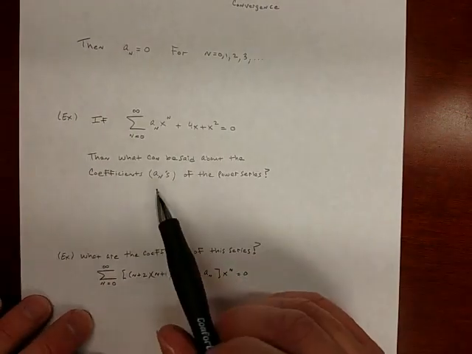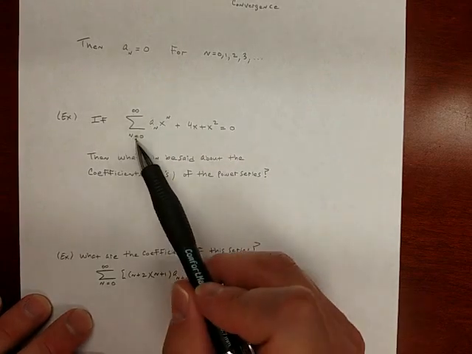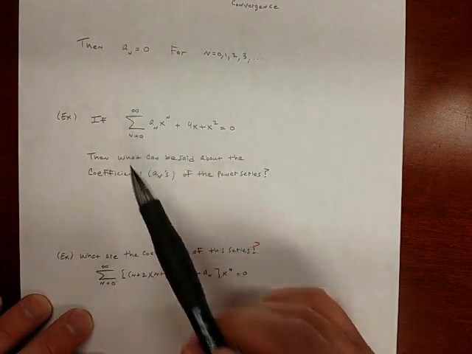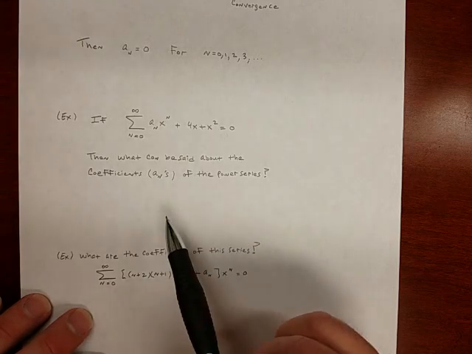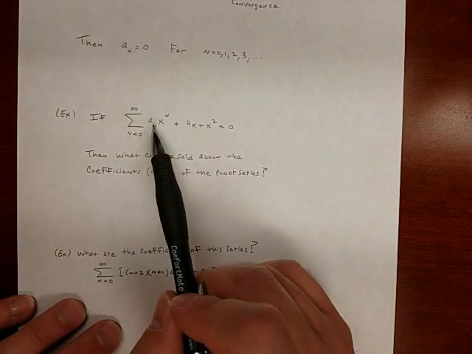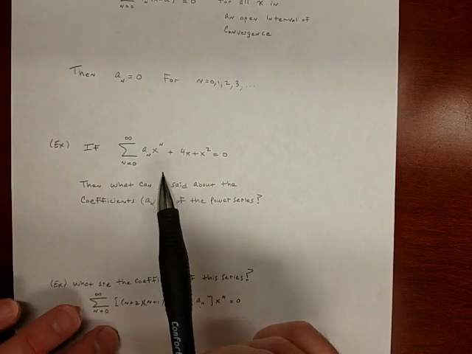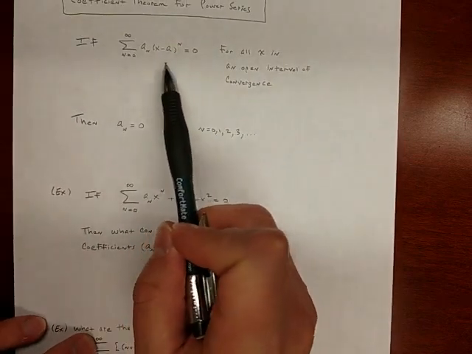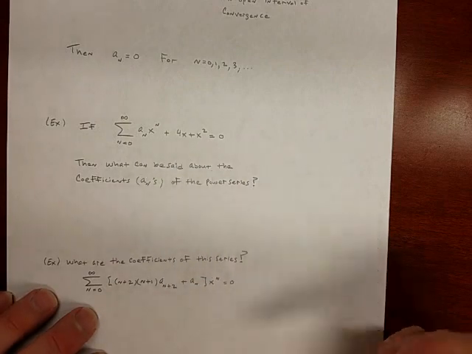Okay? All right, now, so this is something that we'll have to get good at recognizing. Take this one right here. Suppose I give you that statement or that equation, which seems to involve a power series. What can you tell me about the coefficients? All right, well, first thing I'd recognize is this, as it's given right there, is not really in that form. It needs some rearranging, okay?